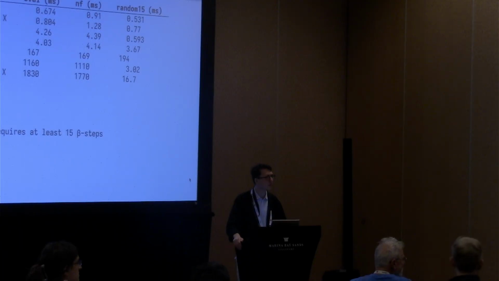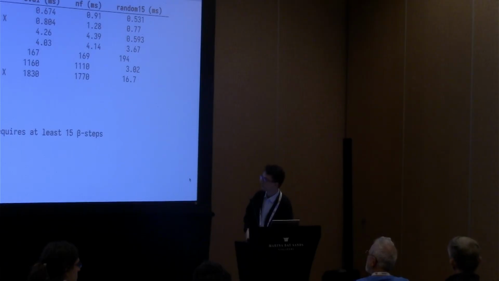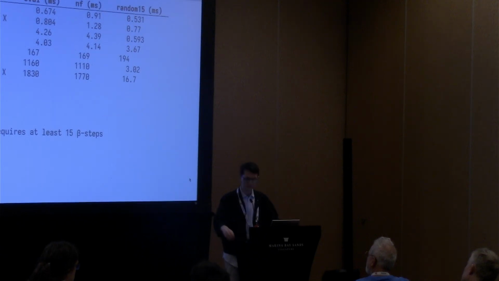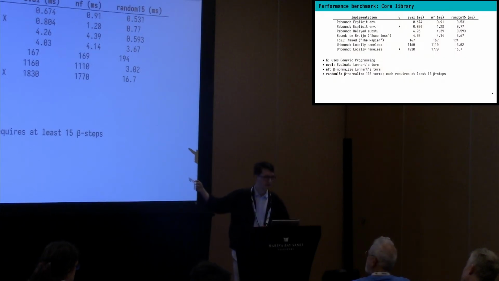Thank you for the great talk. Can you please give some details on why you think the random 15 benchmark seems to behave very differently? That's going to be kind of a guess on my side. But the Lennart term that we've been using for benchmarking has been around for a while now.